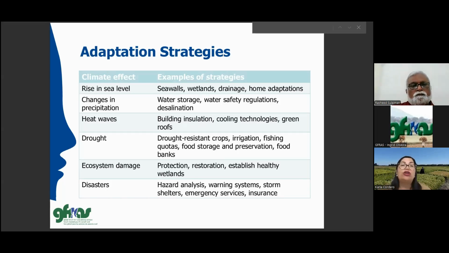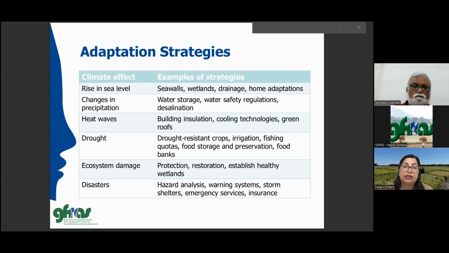We also have the adaptation strategies. We have been seeing some of these strategies used in different countries. For example, for effects like sea level rise, we can use seawalls, drainage, and home adaptations. For changes in precipitation, we can use strategies like water storage, water safety regulations, and desalinization in parts of countries that don't have enough fresh water.